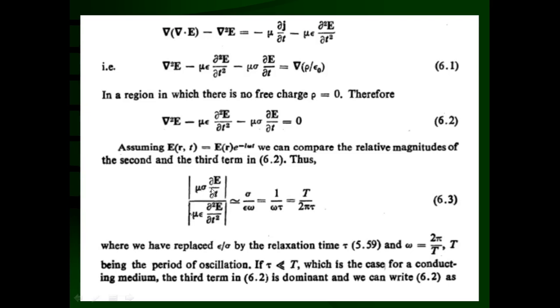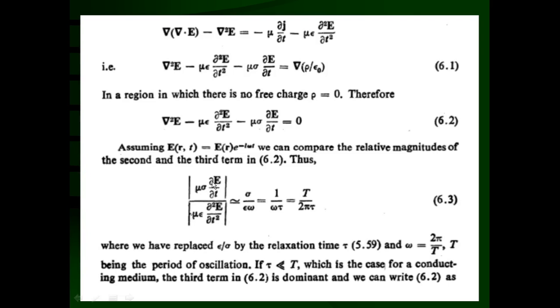So in the numerator you get μσω, and in the denominator μϵω². Now in the numerator and denominator μ will be cancelled out, and one ω cancels, so it remains σ, the conductivity of the medium, upon ϵω.